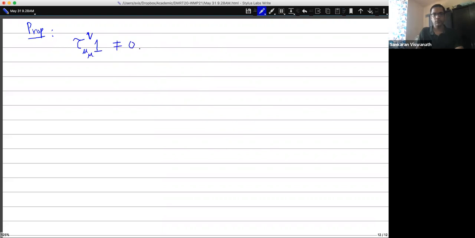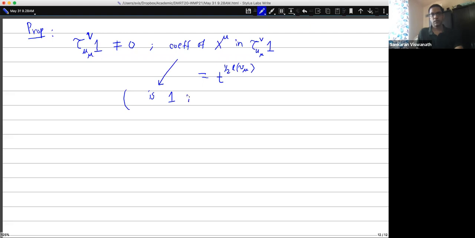In fact, the coefficient of x to the mu in this guy is exactly what we cancel out by the prefactor that we put on the E mu. Okay, so therefore, in other words, this coefficient is 1 in the Macdonald polynomial E mu.